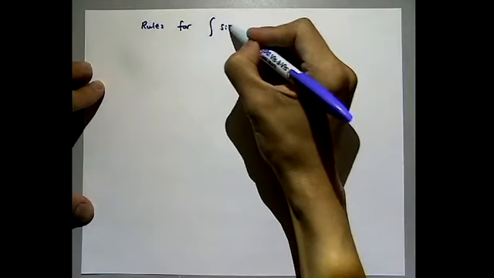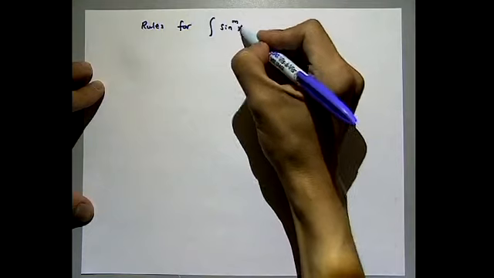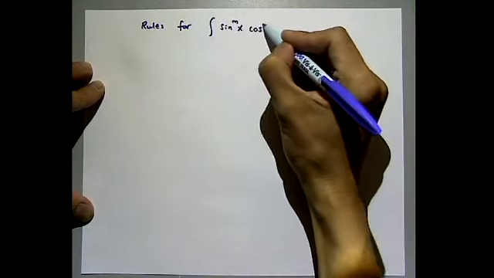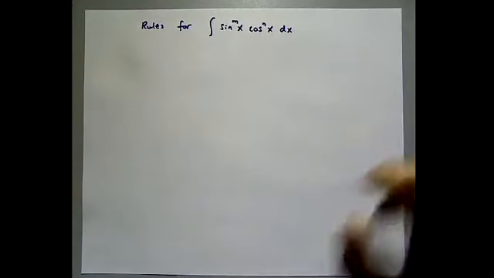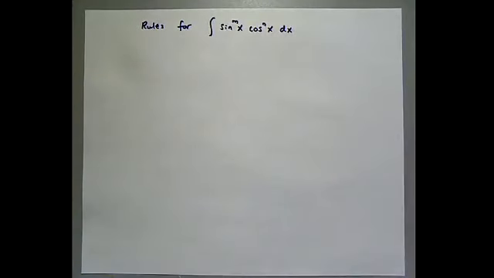Suppose you're integrating sine to the power of m times cosine to the power of n. n and m can be equal, but chances are they will not be equal.